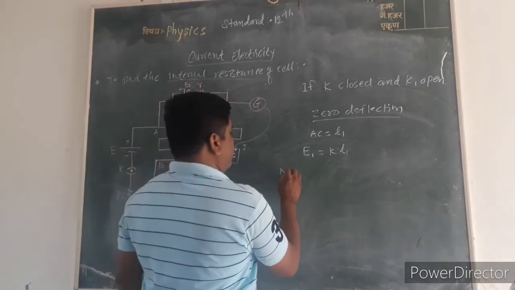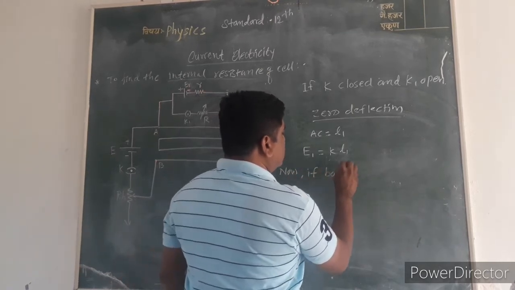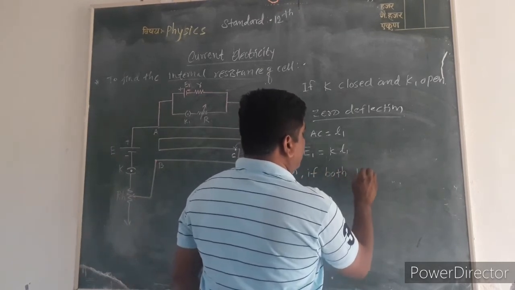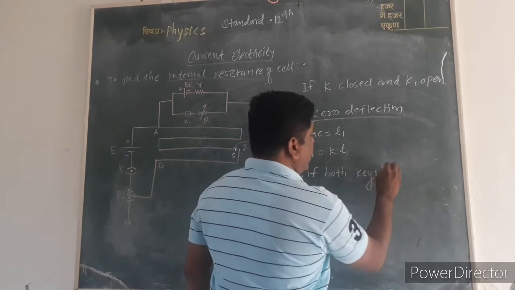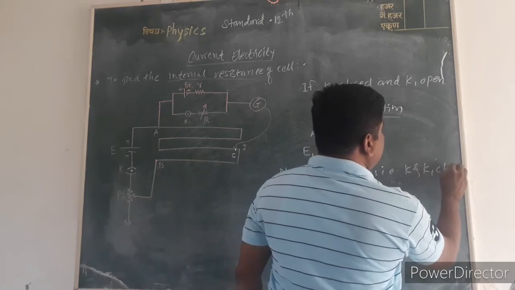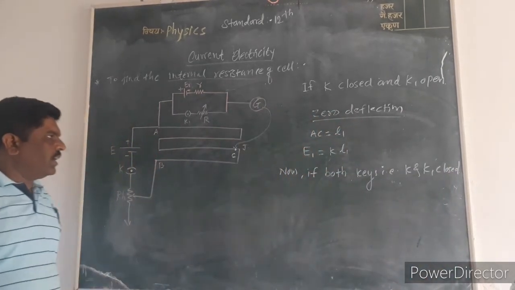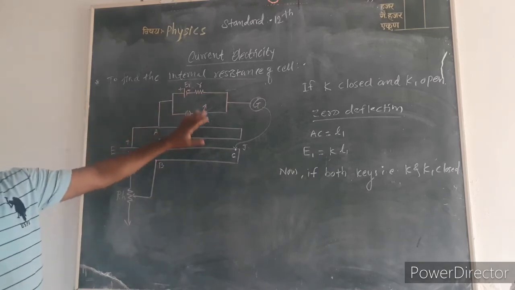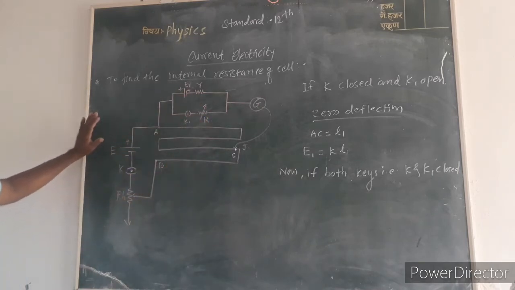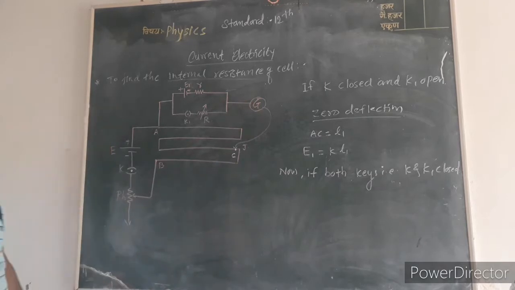Now, if both keys, that is K and K1 closed, then the electric current passing through the totally circuit and galvanometer shows deflection.